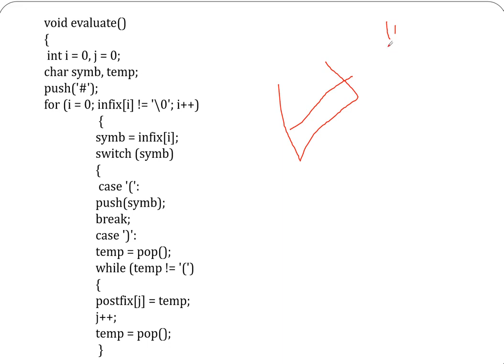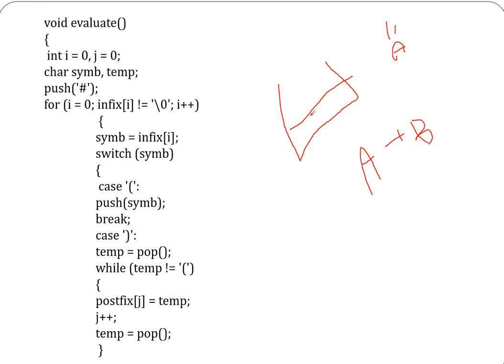Suppose I'm using a simple expression, a plus b. We will see it with an execution. It starts from a. As soon as it detects a, which is an alphabet, it is not moved to the stack but to the list, the answer. The next character is plus.